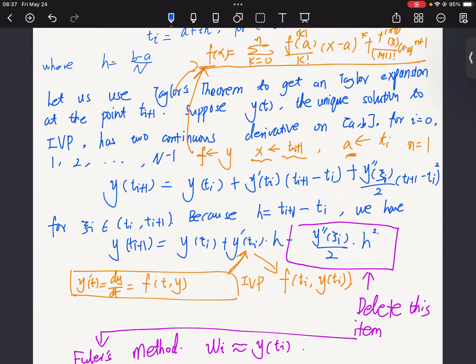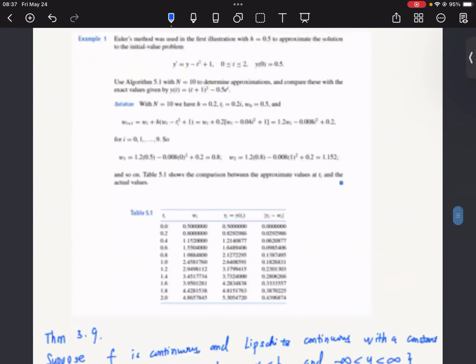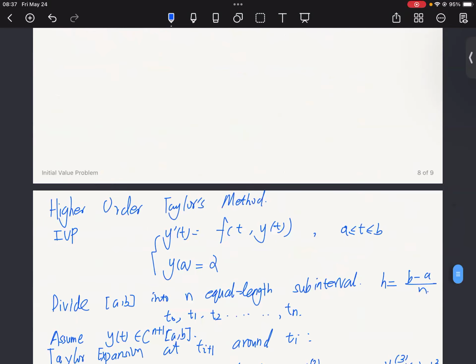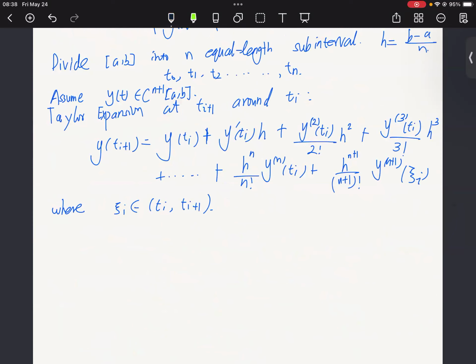So we are going to drop the error item here, and drop this one, and then we get the approximation to the equation.